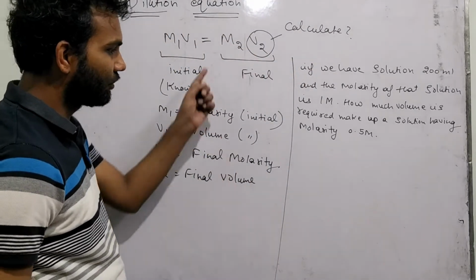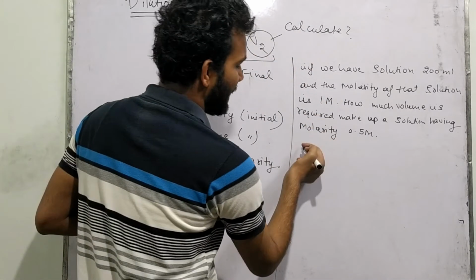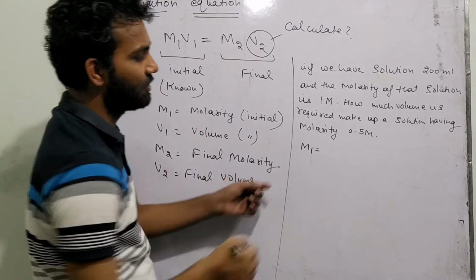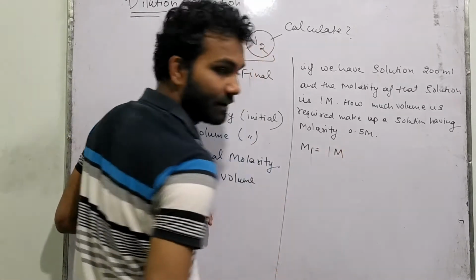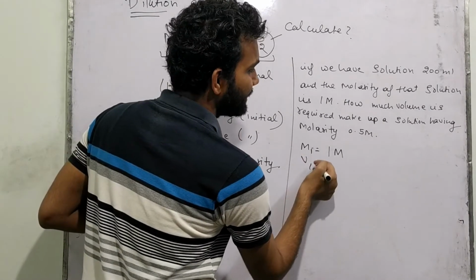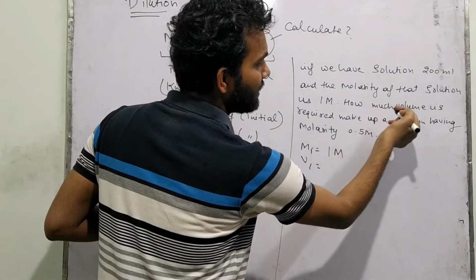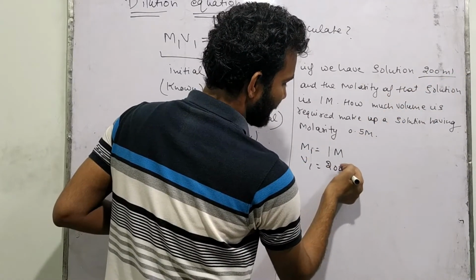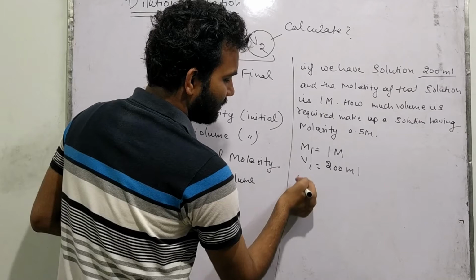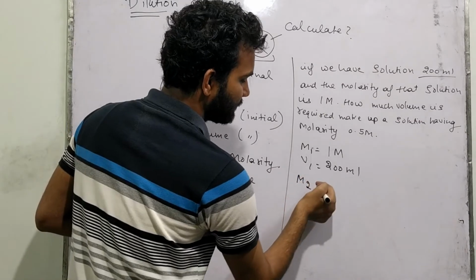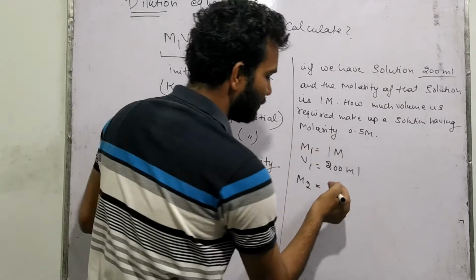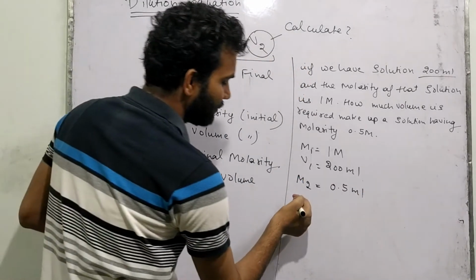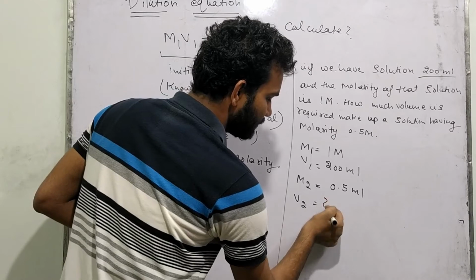Clear? So according to this formula, M1, the initial molarity, is 1 molar. Clear? Volume initial is how much? That is 200 ml. Clear? Molarity 2 is 0.5 molar. Okay, now you have to calculate V2.